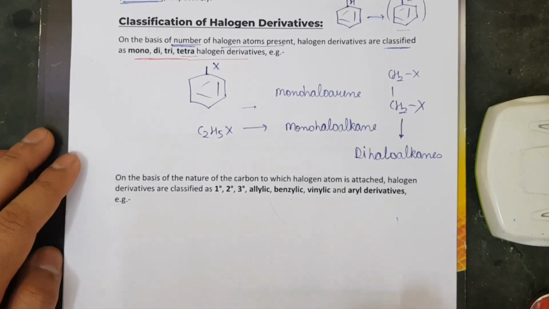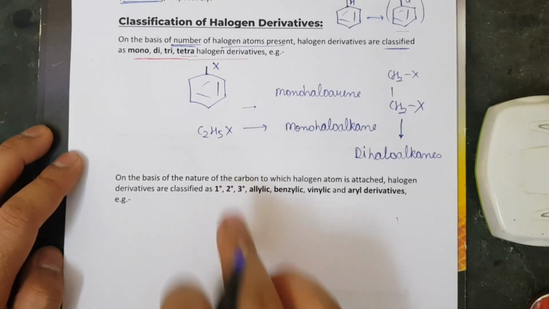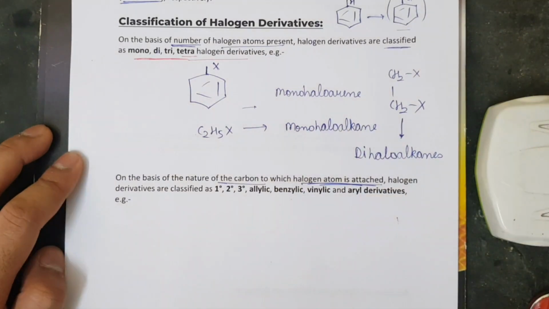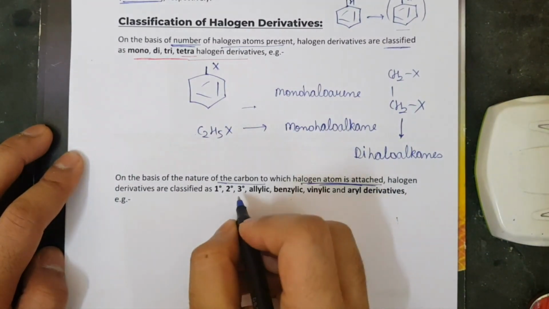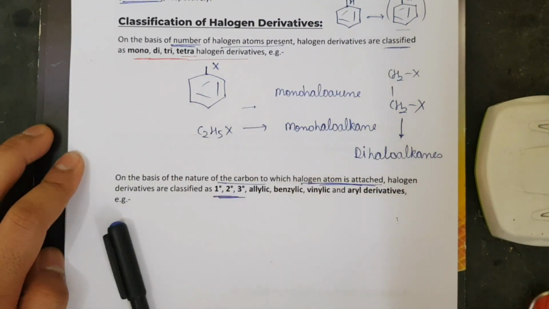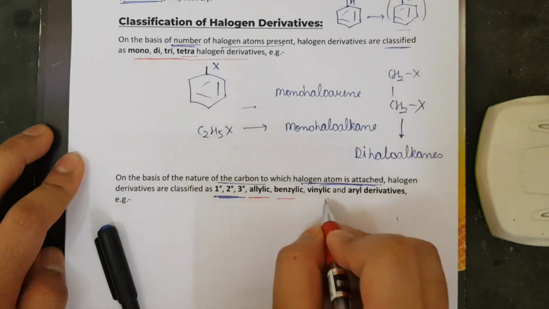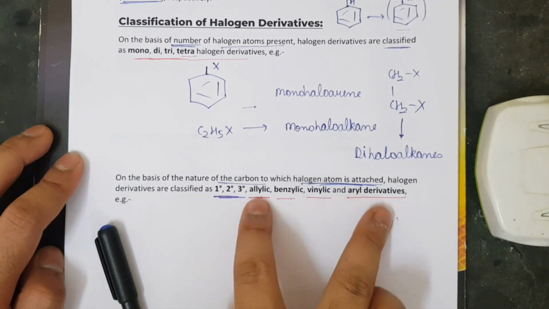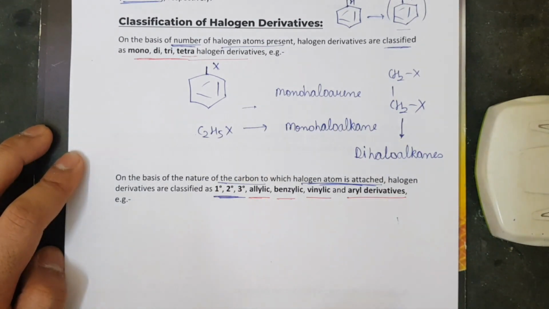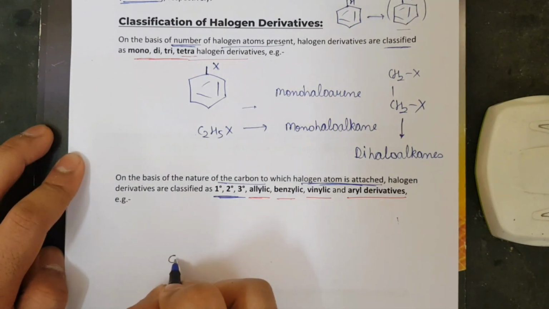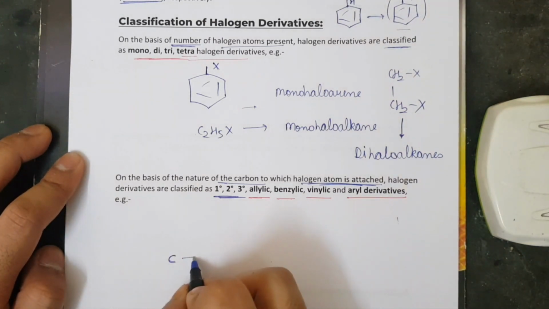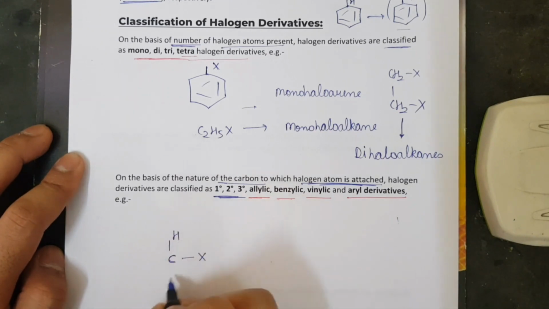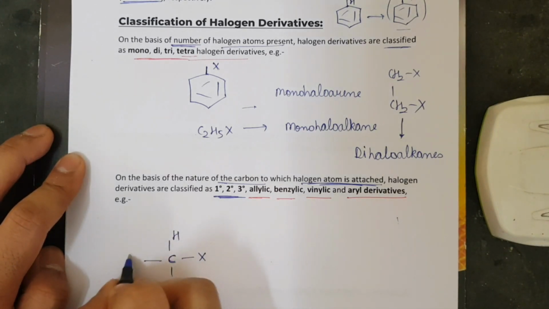Now the next classification can be done on the basis of the carbon to which the halogen atom is attached. So halogen derivatives are classified as 1 degree, 2 degree, 3 degree, allylic, benzylic, vinylic or aryl derivatives. Please understand the red ones which I have labeled. 1 degree and 2 degree are very easy. For example, I have a carbon atom here which is attached to a halogen. Let me say that it is attached to two hydrogens and we have one group only.